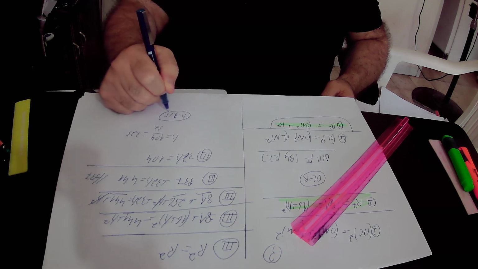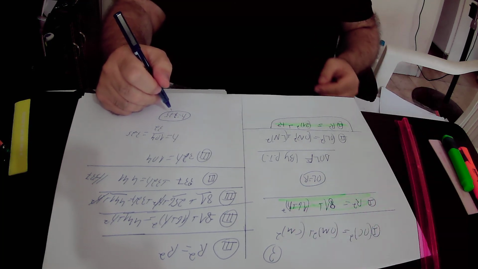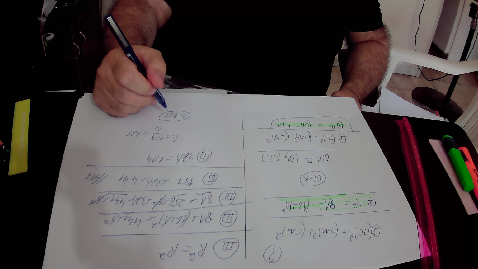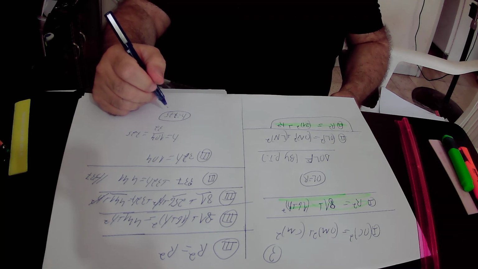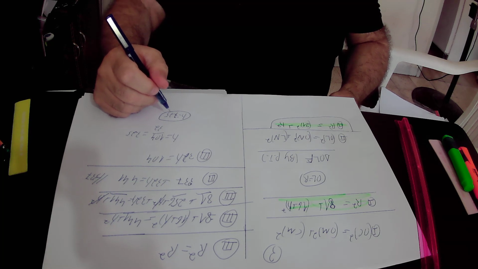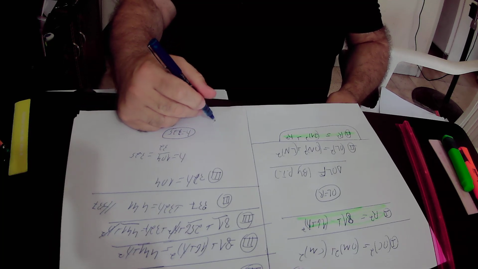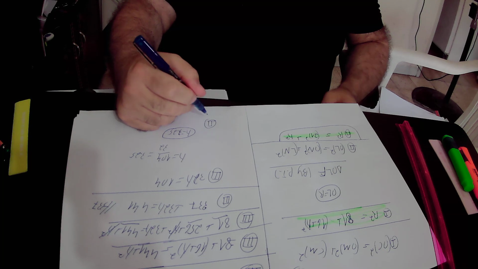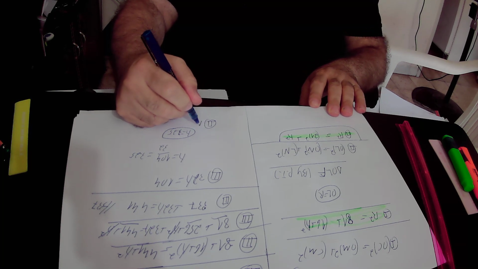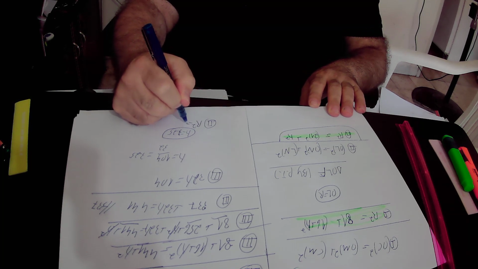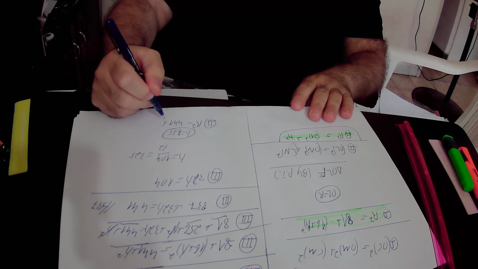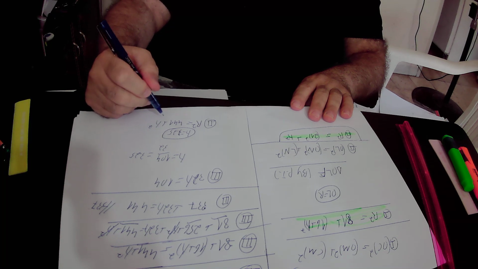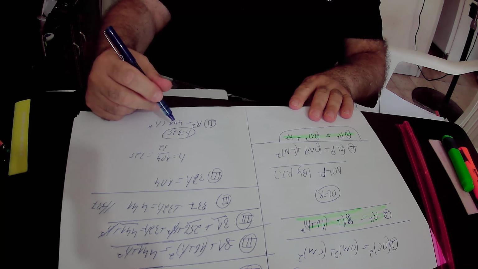Now we'll substitute h in equation number 2 by 3.25 units. So here, according to equation number 2, r squared, the radius that you are looking for, equals 441 plus h squared. But h equals 3.25.